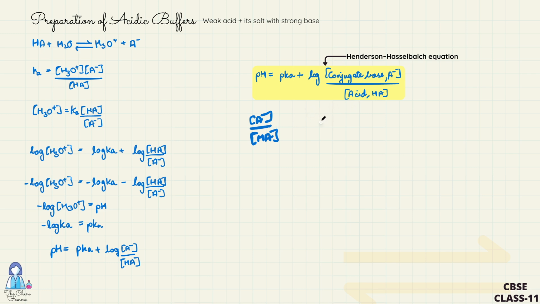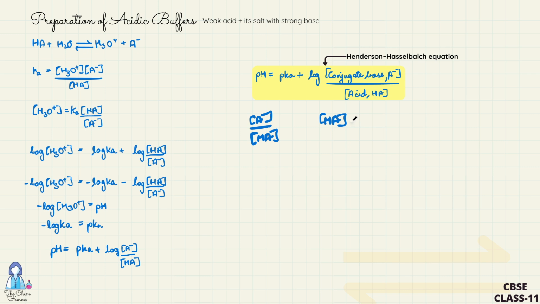Now, if you think about the HA, which is the concentration of the acid, it is a weak acid, right? So it does not ionize as much as, let's say, if we had a strong acid. So there is a negligible difference when it is in the solution.